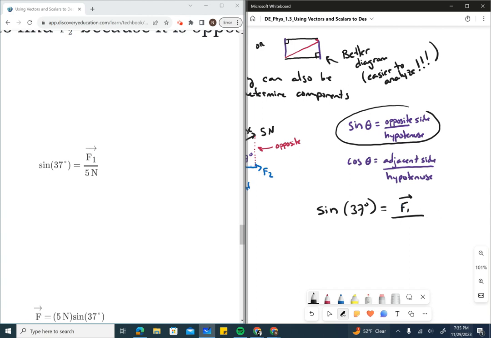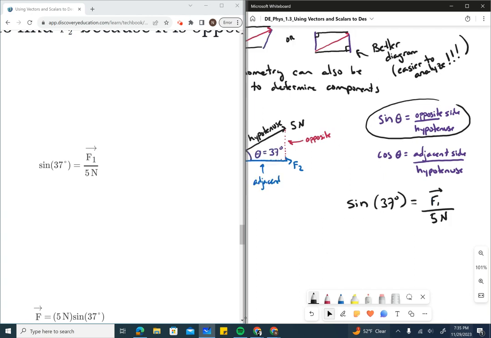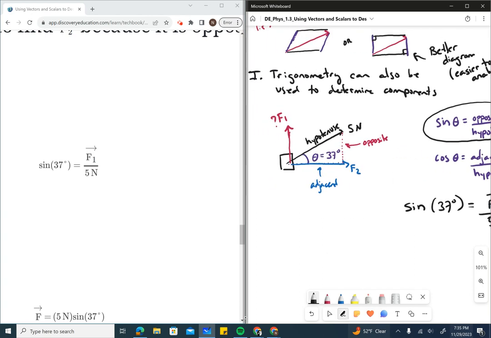And the hypotenuse was 5 newtons. If this is F1, then this also is F1, because it's a parallelogram, those sides are going to be the same.